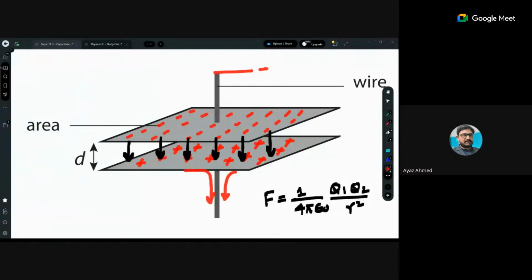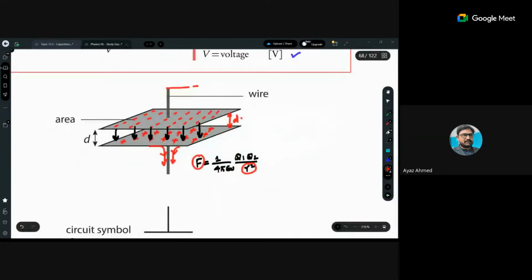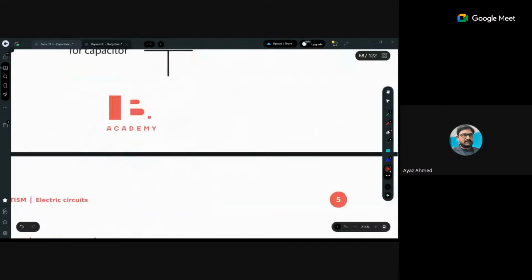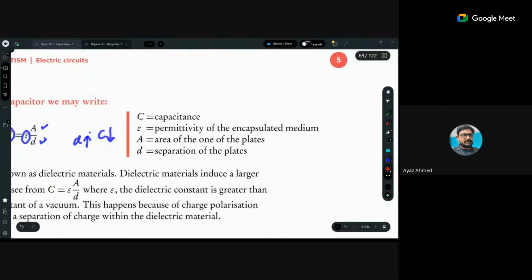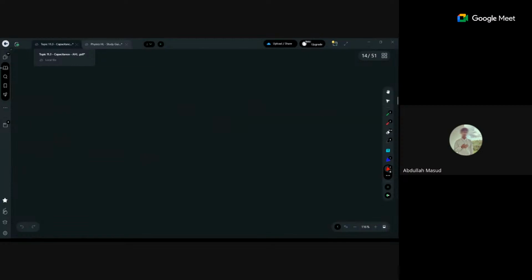Do you know this equation? So if this distance is smaller, then more force of repulsion would be available and more charges would be pushed down. This is why we keep the distance smaller and the area larger. Is it clear?